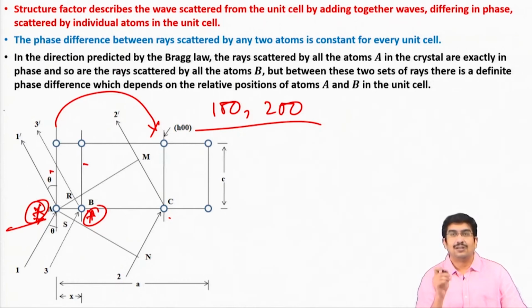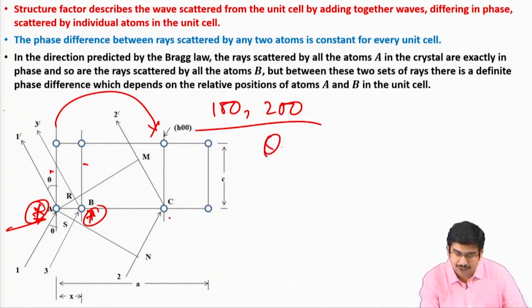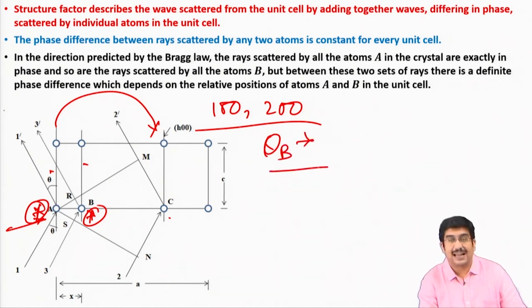Basically, this is not very true, because, as we will discuss in the next module, or as we have seen during the discussion of electron diffraction, the Bragg's condition is also satisfied for a range around theta B, the angle for which the Bragg's condition is satisfied. This is not an exact angle.